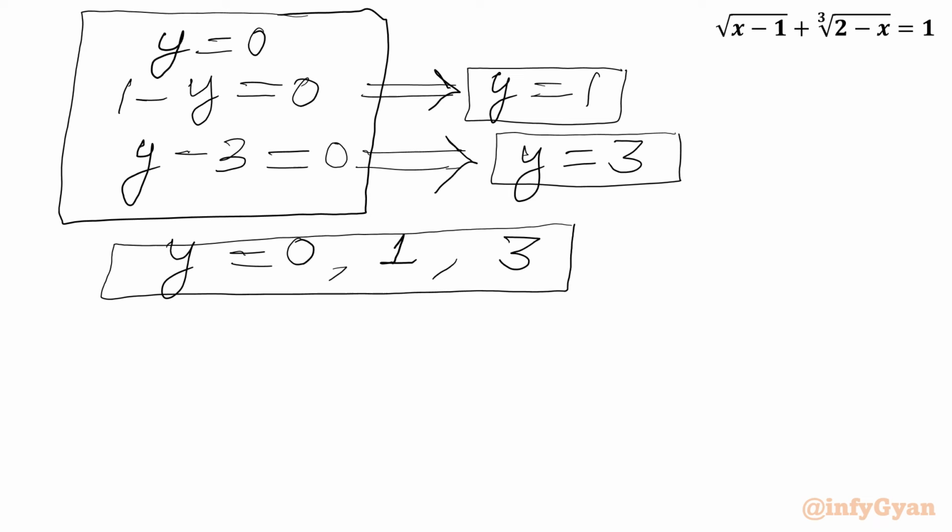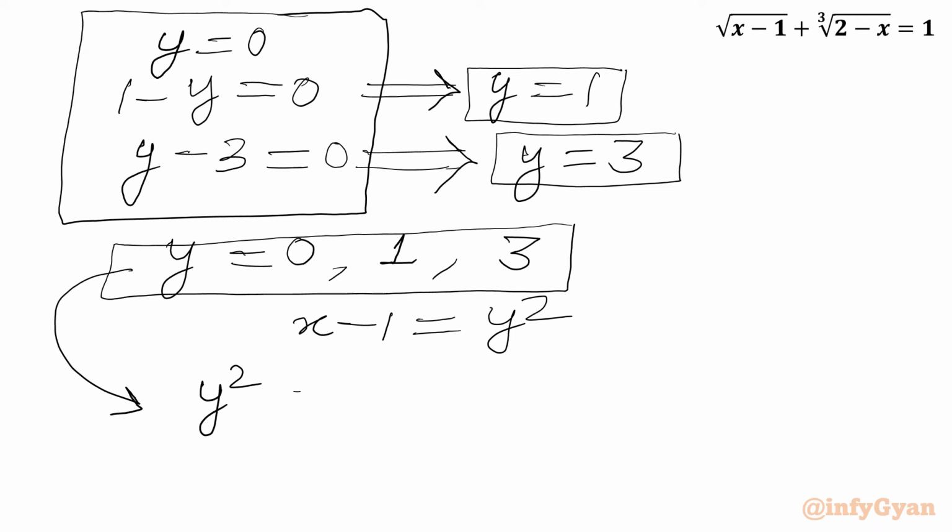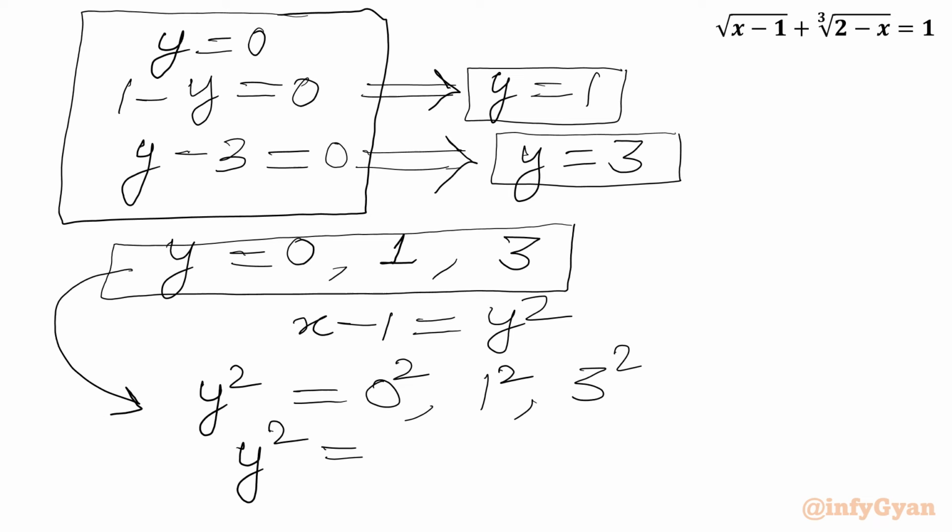Now y was our substitution. x minus 1 was y square. This was our substitution. So I will calculate y square first. So y square will be equal to 0 square, 1 square, 3 square, or I can write y square is equal to 0, 1 and 9.